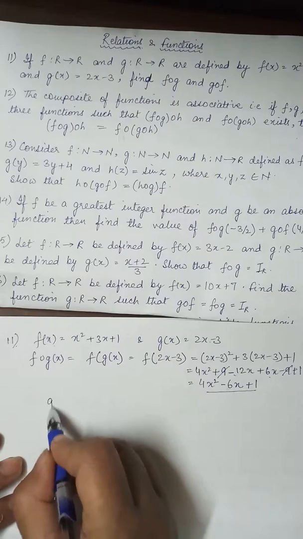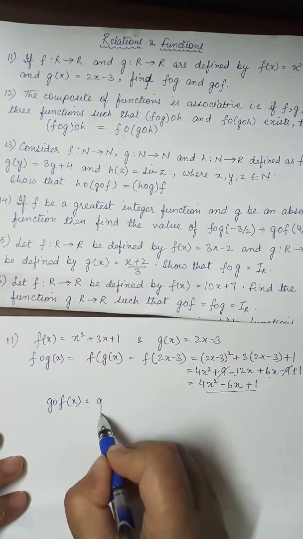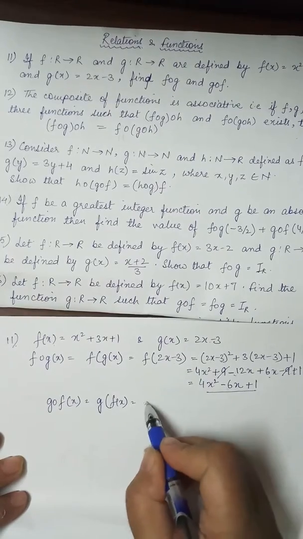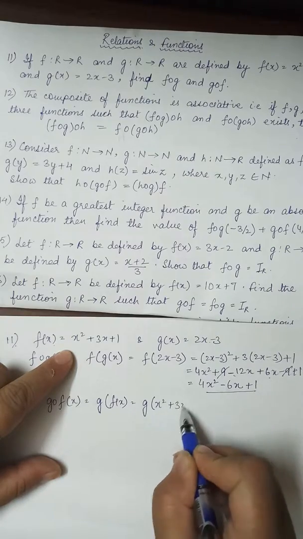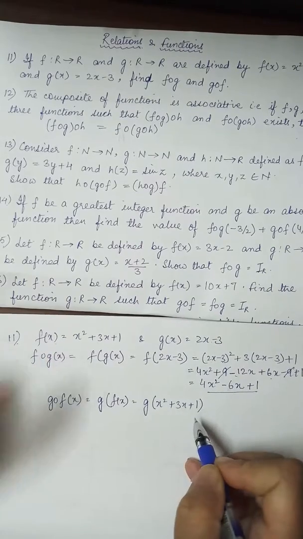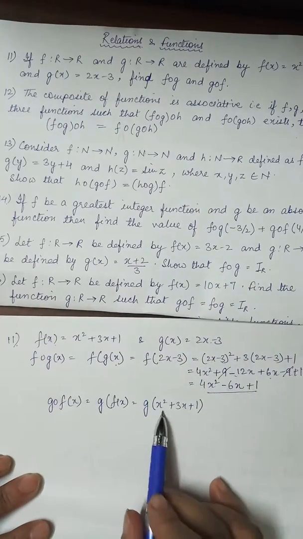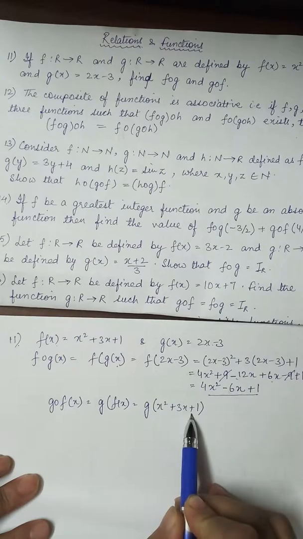Now gof of x will be written as g of f(x). Now what is your function f(x)? x² + 3x + 1, and the function g(x) is 2x − 3. Now in place of x you have to write whatever is inside the bracket of g.